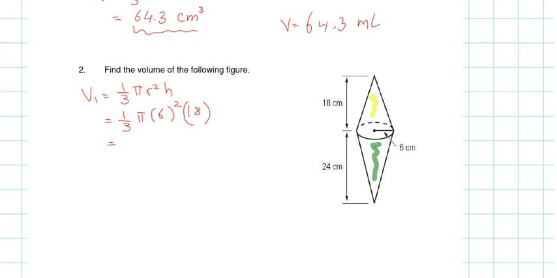The volume is 678.6 centimeter cube. The volume of the second cone is 1/3 pi 6 squared times 24, which is 904.8.